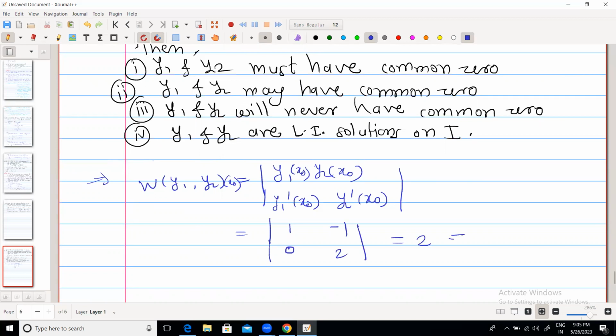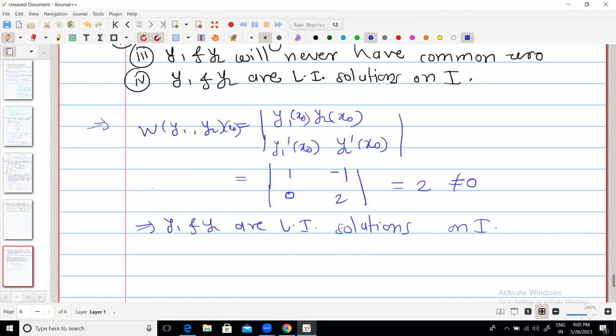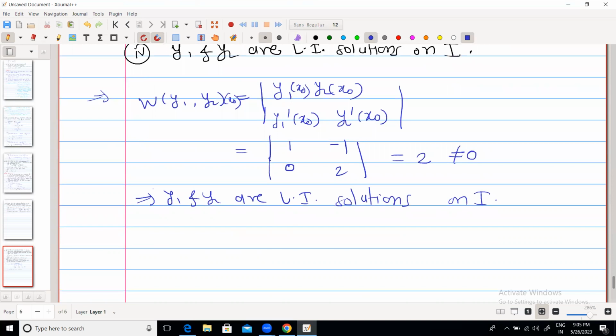So this is 2. Okay, this is non-zero. So this implies y1 and y2 are linearly independent solutions on I. Therefore y1 and y2, okay, they cannot have a common zero, right?